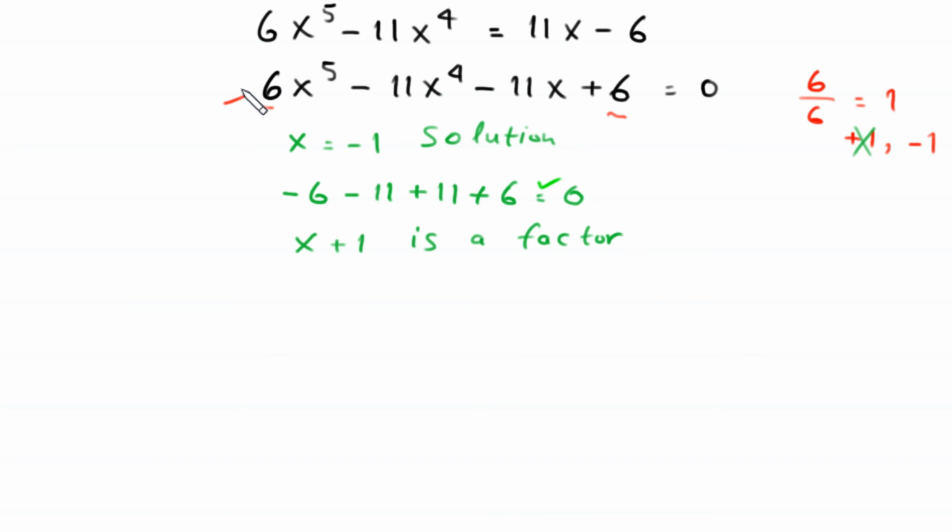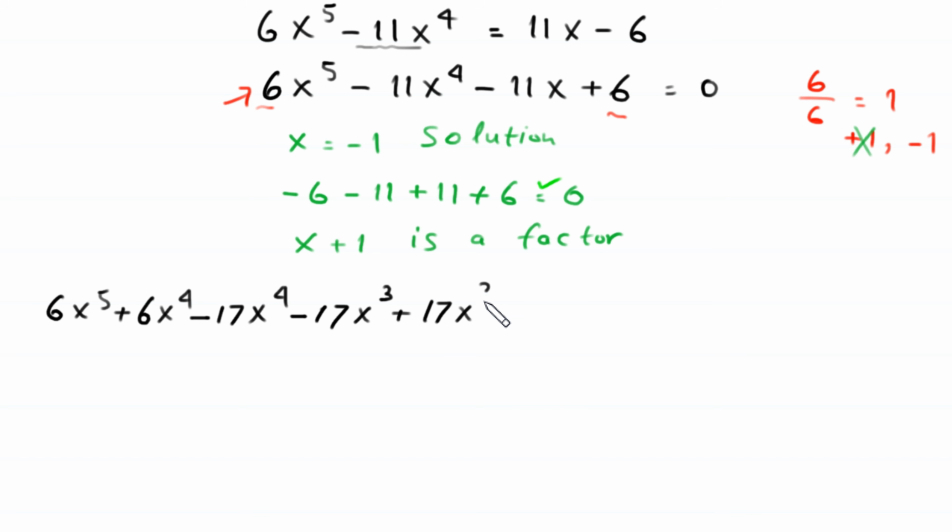quintic equation, which also means that x plus 1 is a factor of this quintic equation. So we rewrite this equation as 6x to the power 5. We write this negative 11x to the power 4 as plus 6x to the power 4 minus 17x to the power 4, and we subtract 17x cubed and we add 17x cubed.